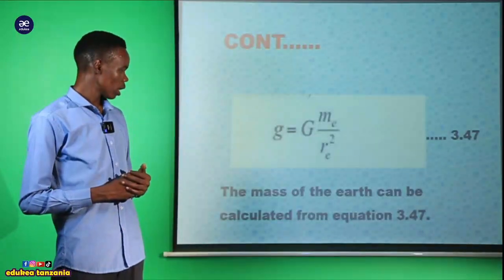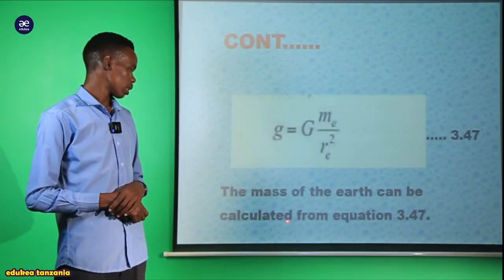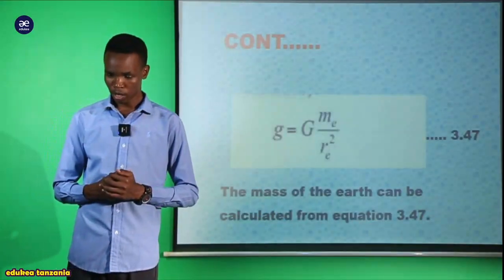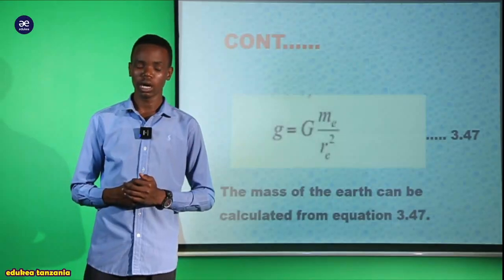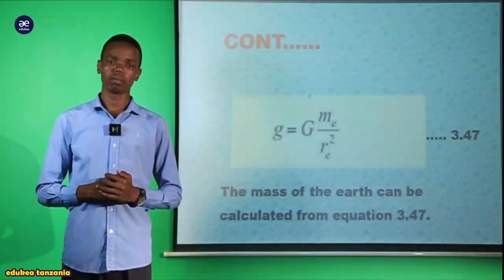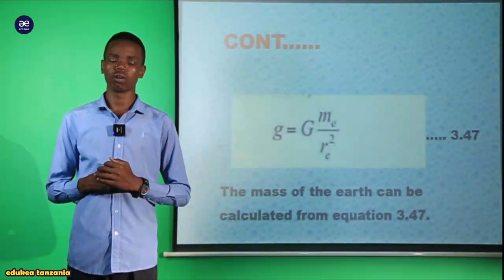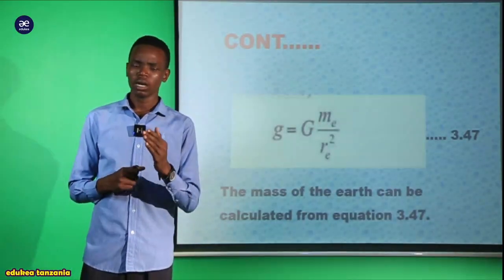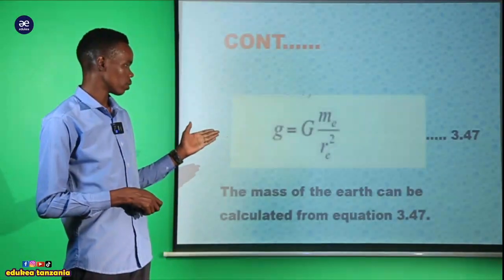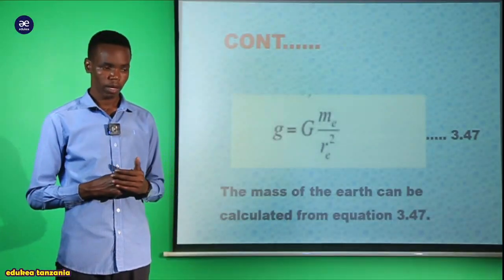So, my dear students, after that, the mass of the Earth can be calculated from equation 3.47. How can we calculate the mass of the Earth? Now, if we want to calculate the mass of the Earth, first of all, let us know that the acceleration due to gravity of the Earth here is constant.